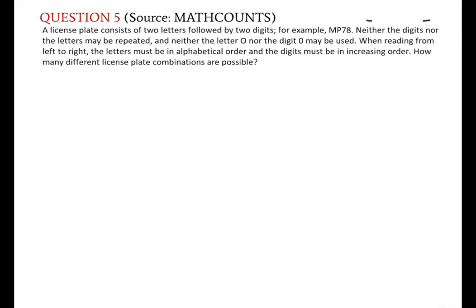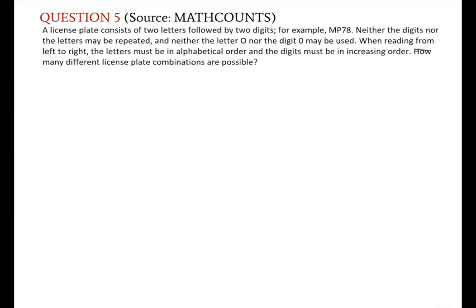First of all, the license plate will be composed of 2 letters followed by 2 digits. And neither the digits nor the letters can be repeated, and the letter O and number 0 will not be used. Okay? And you have to satisfy these things too.